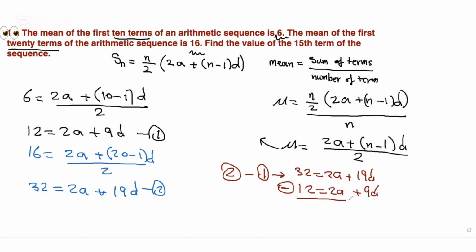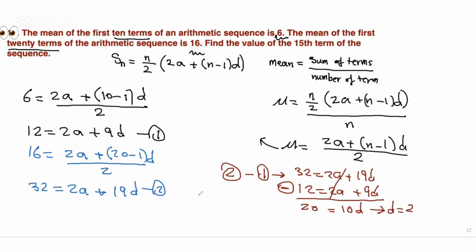When we subtract, 32 minus 12 gives me 20. The 2a cancels with the 2a, and 19 minus 9 is 10d. We divide both sides by 10, and we get d equals 2.